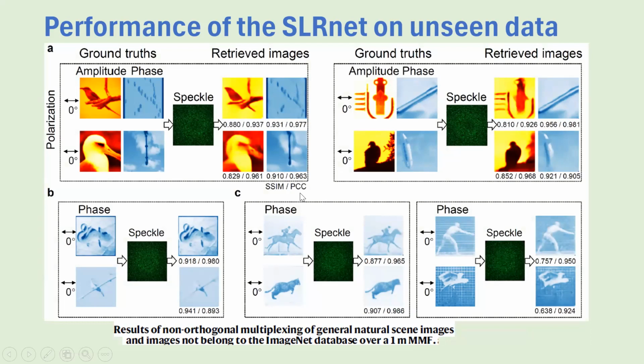This shows that the performance of the non-orthogonal multiplexing over an MMF optical fiber cable with respect to the neural network is performing to the best. You see here, we are in dimensions of phase only, or dimensions of amplitude and phase.